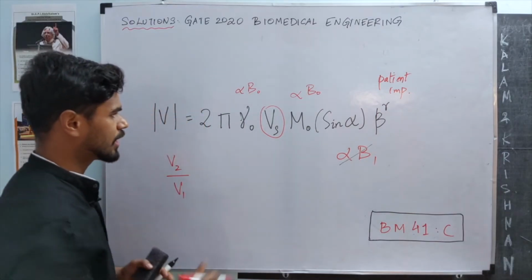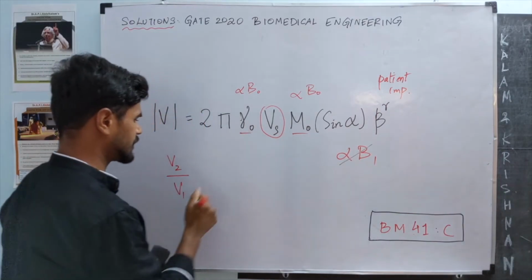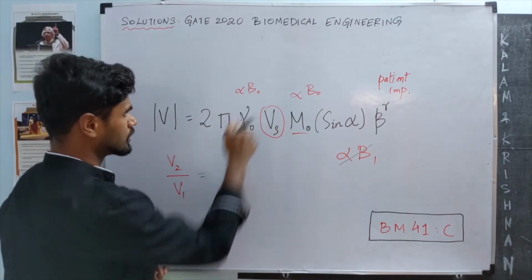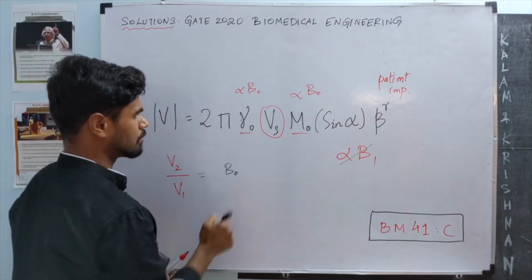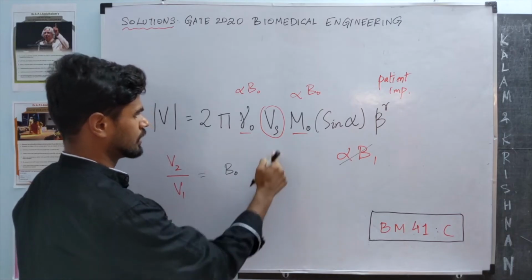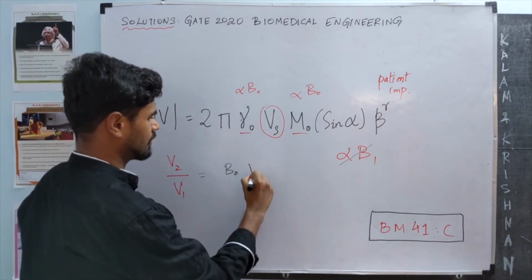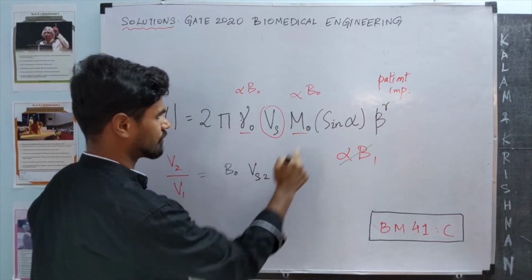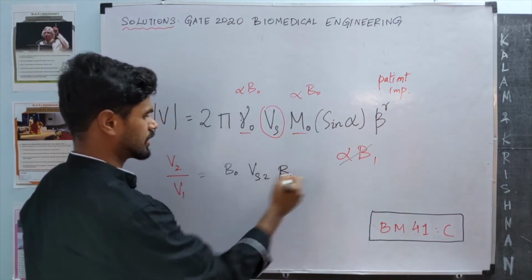So overall, we have three terms that affect this ratio. Okay, so in this case, this is equal to, there is a B0 term from gamma naught, then BS2, and there is a B0 term from M0. So it's B0 square by BS2.